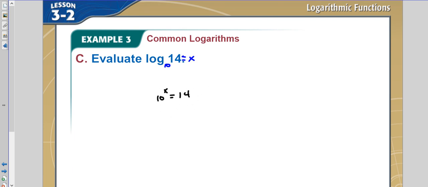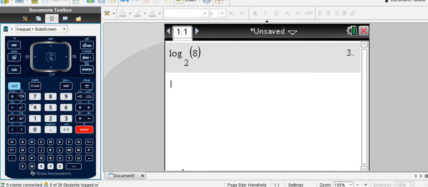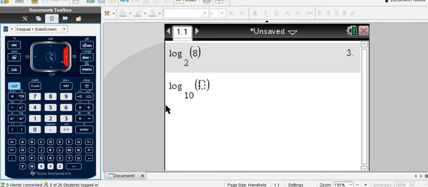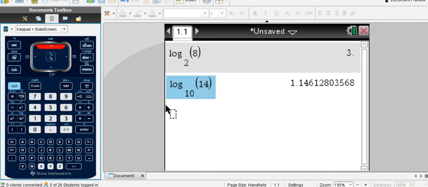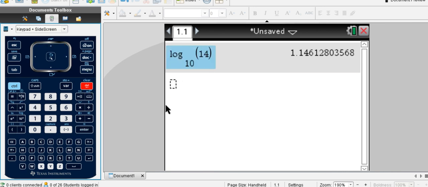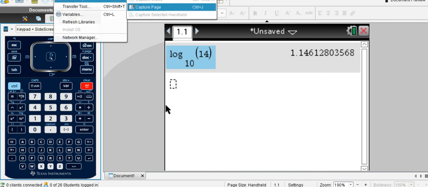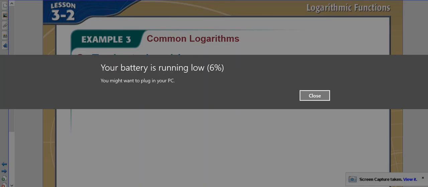So I would leave it like that, or I would go over to the calculator and just type in what we had originally, which was log base 10 of 14, and you'd press enter, and that would be our answer. I'm going to delete this so it doesn't get in our way here. And now this would be our answer to this.